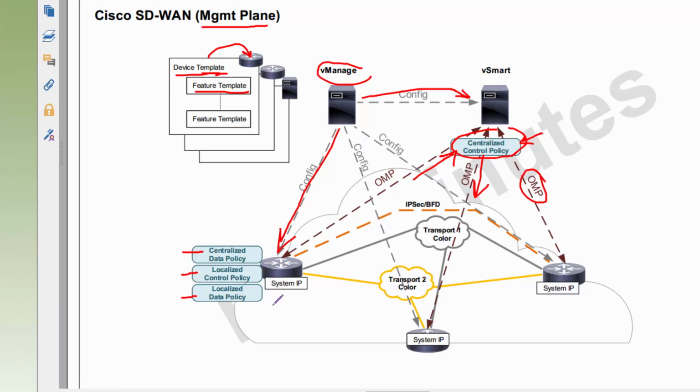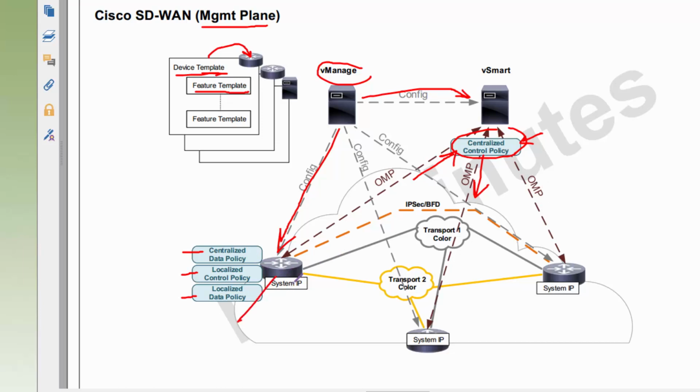And the last we have is the localized data policy. And this is similar to the centralized data policy. As you can see, the similarities in the names and where it actually takes effect. And they're similar in that it matches the packet and performs some sort of actions, with the difference being the policy for the localized data policy is actually pushed and becomes part of the WAN edge config. And this is applied per interface.